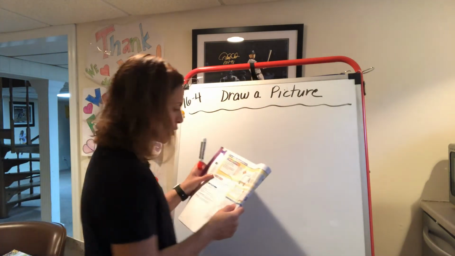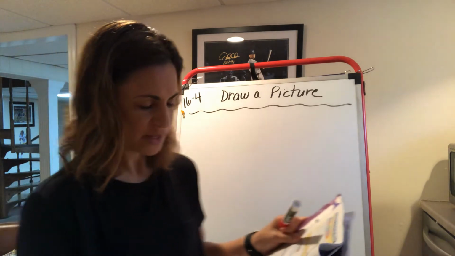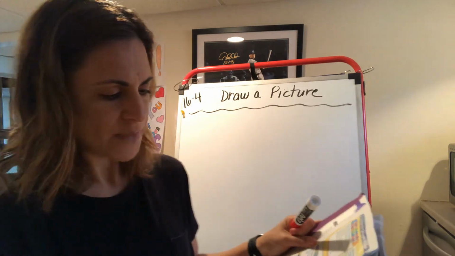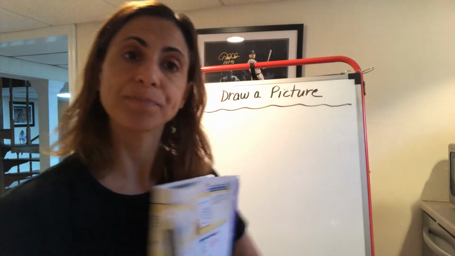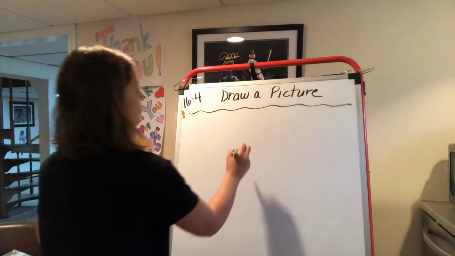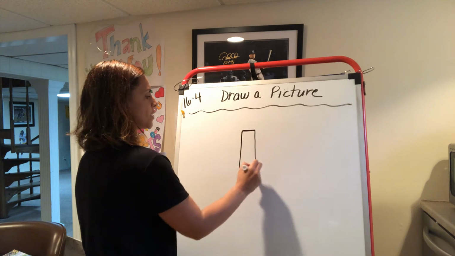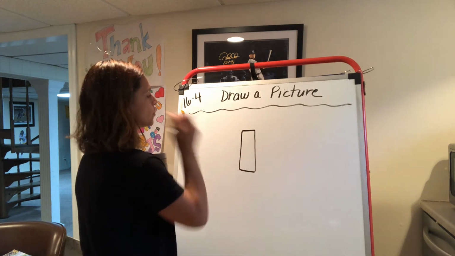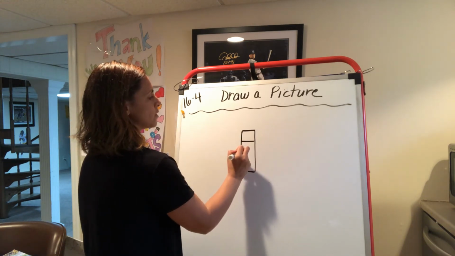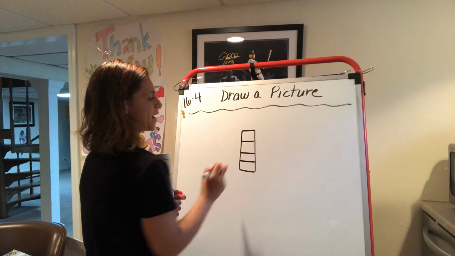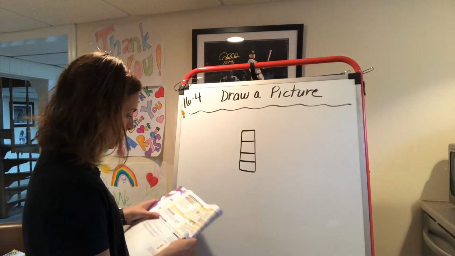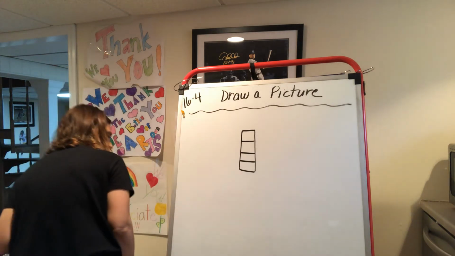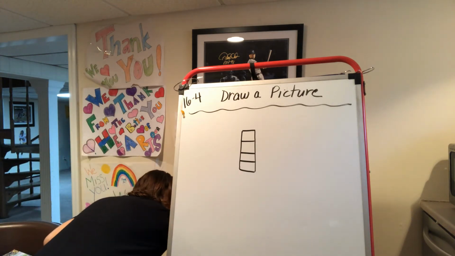Pete made a cube tower with 4 cubes. He used 2 purple cubes and 2 yellow cubes. What part of the tower is purple? All right, so you know how you play blocks or cubes? Pete was playing with his cubes, and he had 4 cubes. 2 of the cubes are purple, and 2 are yellow.